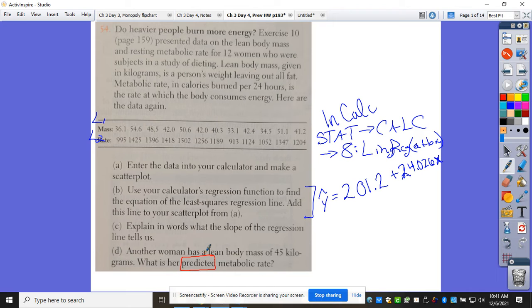Now there are going to be some things where it's like, oh, well, we predicted this and this happens and that's not the actual question. But almost always in this chapter, if it says the word predict, plug it in. And then all you do is plug 45 in right here, and you get that y hat equals about 1,283.3 calories per day.